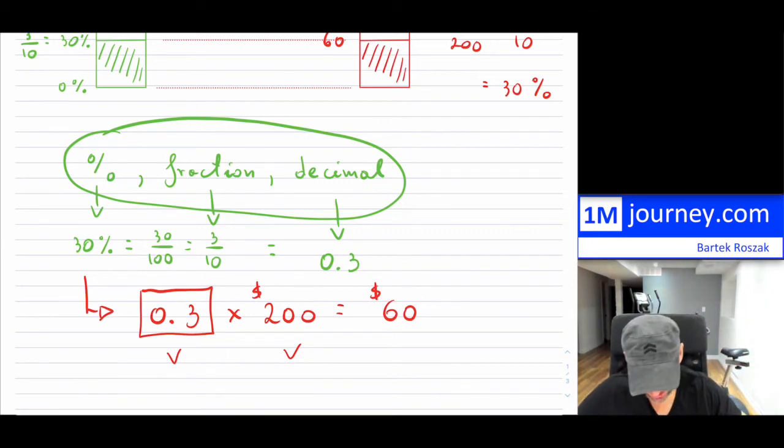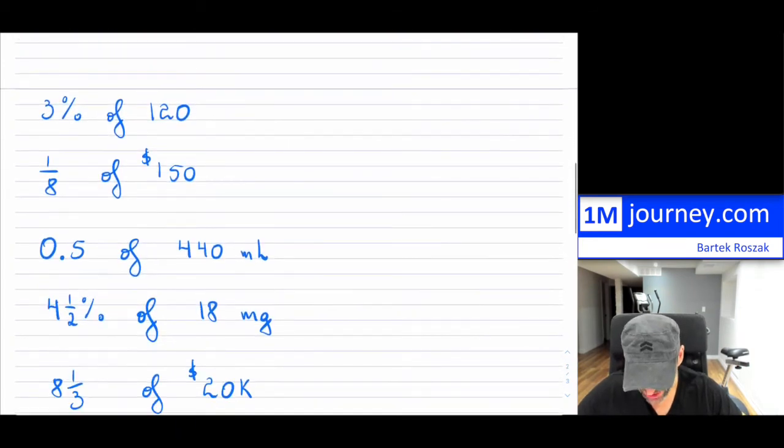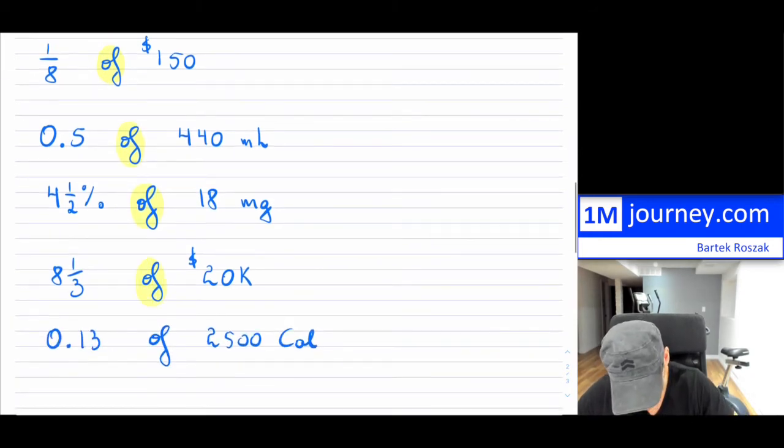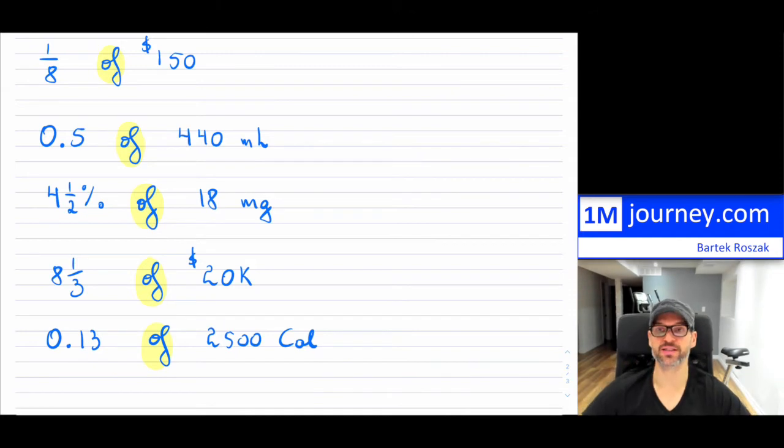So let's take a look at some of these examples. So here, for this example, if you want to take 3% of 120, first of all, the words of in all of these examples, in math, in terms of the translation, is going to be multiply.